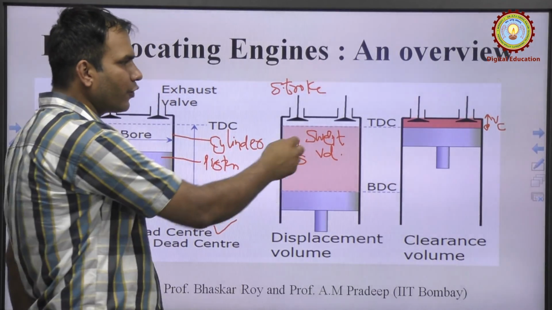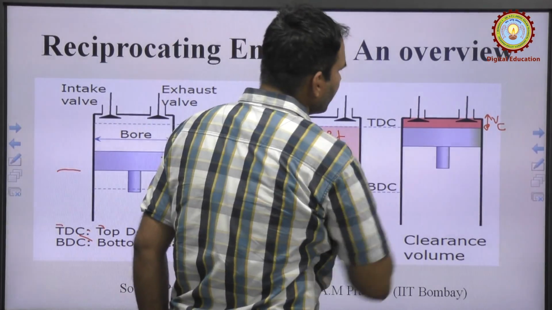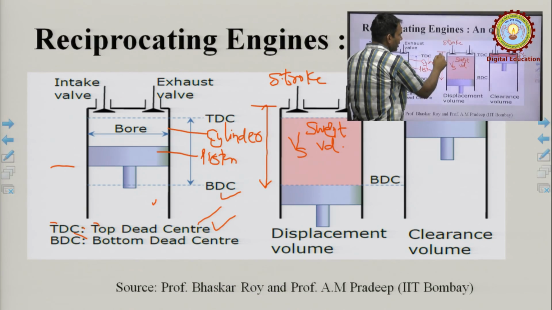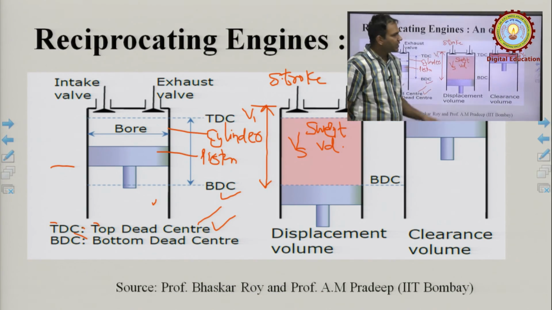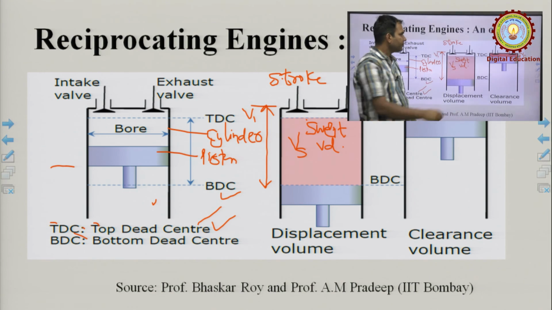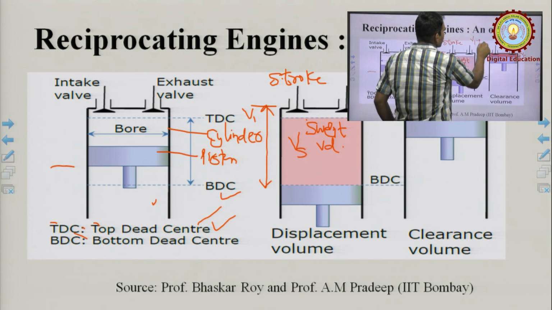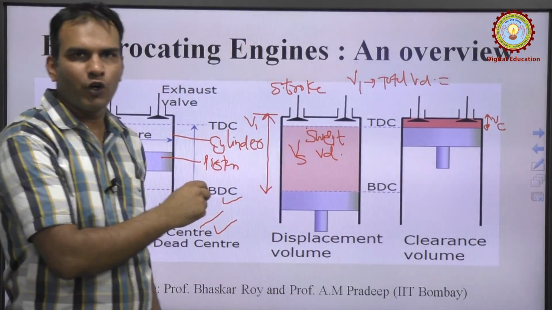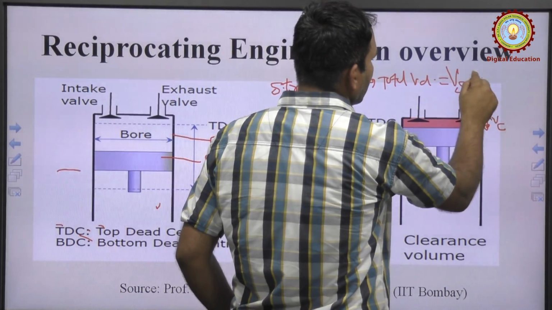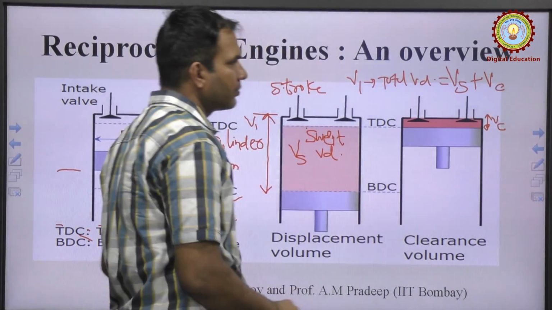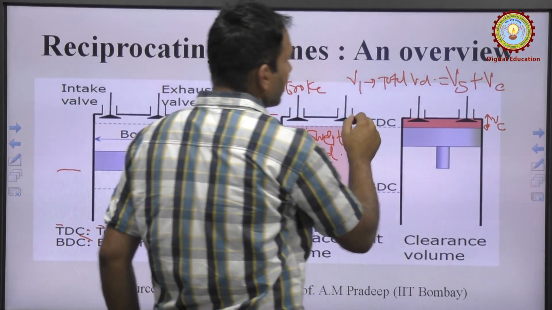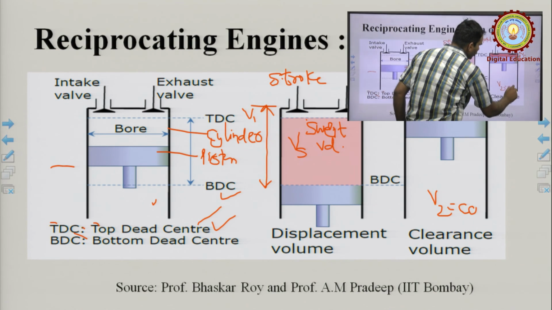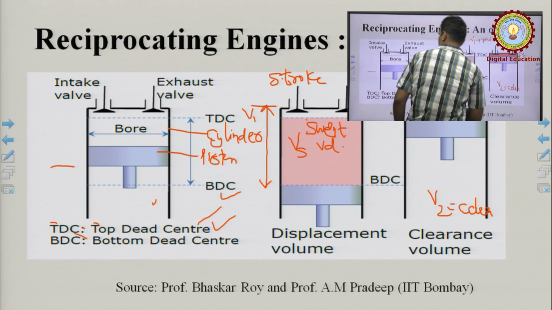So, Vs is the swept volume and Vc is the clearance volume, and V1 is the total volume of the cylinder, that is equal to swept volume plus clearance volume, and V2 is the clearance volume.